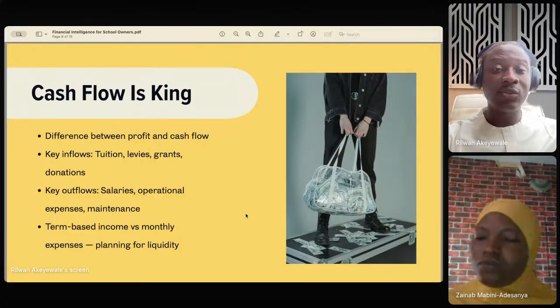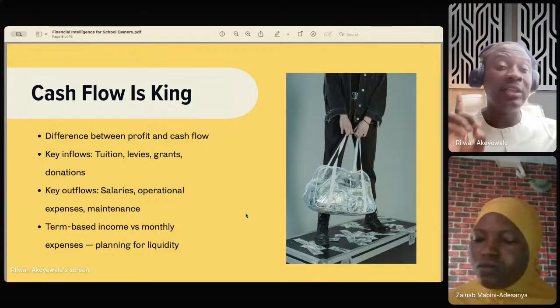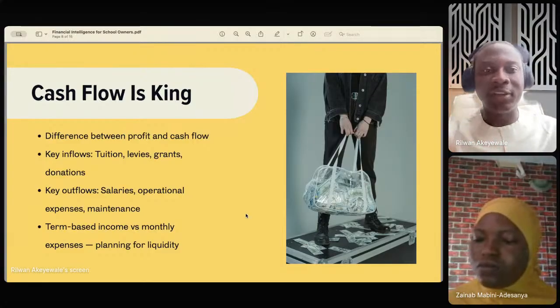Your revenue is 1 million naira for that term because as soon as a student registers for that term, you bill their parents, maybe by invoice. You say your kid is supposed to pay 100K for this term. So that is your revenue.